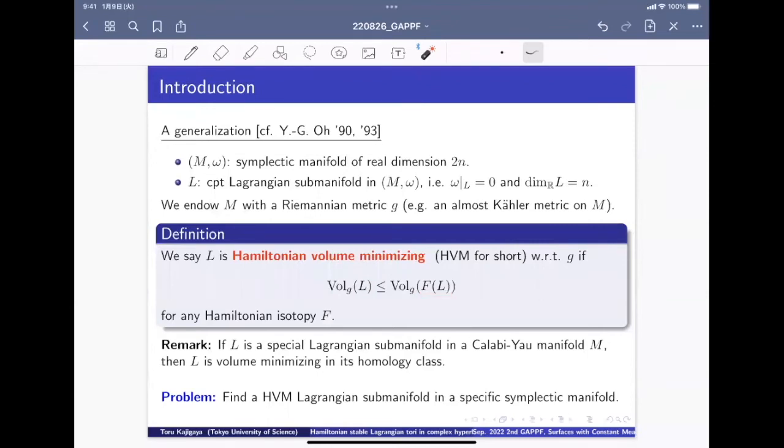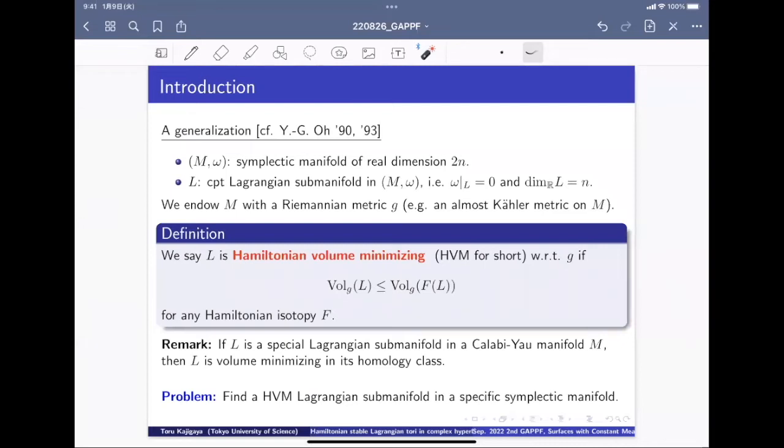Here, F(L) is a Lagrangian submanifold deformed by a Hamiltonian isotopy on M. Here, a Hamiltonian isotopy is a symplectomorphism on M, which is obtained by a flow of a time-dependent Hamiltonian vector field. So we want to consider volume minimizing Lagrangian submanifolds under the restricted deformation, that is, Hamiltonian isotopy.